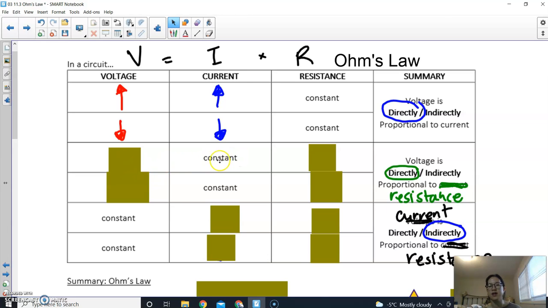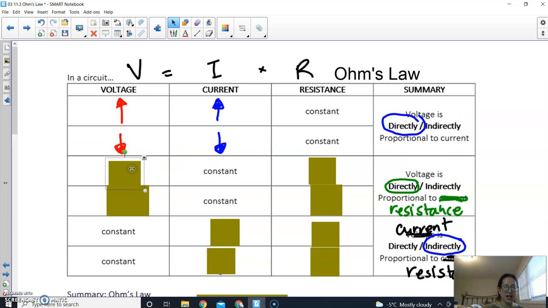Okay, so for example, if the current is the same and I increase the voltage, the amount of electrons flowing through is happening, let's just say, at a certain pace, 1, 2, 3, 4, okay?